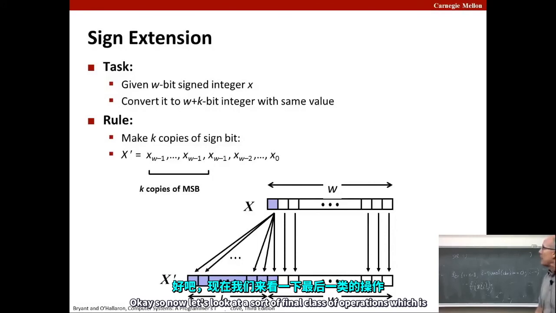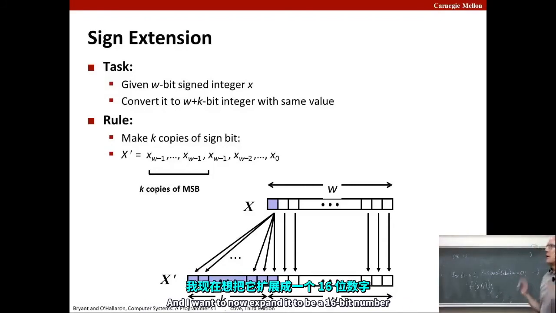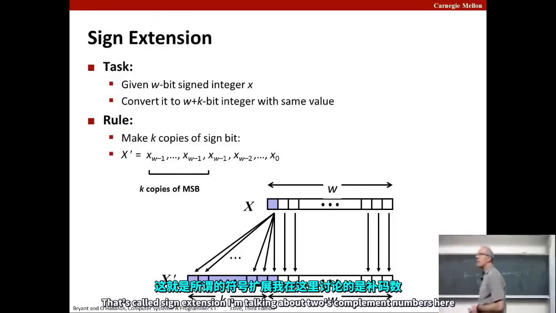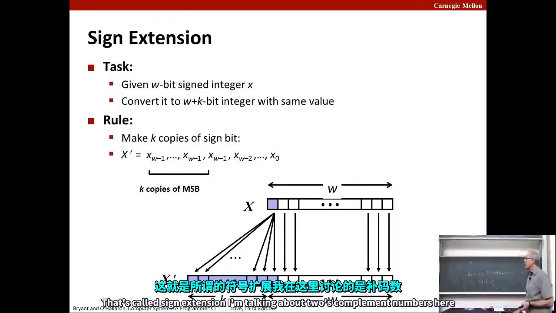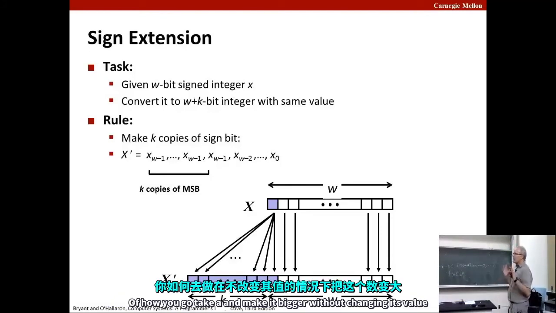Okay, so now let's look at a sort of final class of operations, which is, suppose I have a number that's so many bits, say 8 bits, and I want to now expand it to be a 16-bit number. There's a fairly cute rule for doing this that's called sign extension. I'm talking about 2's complement numbers here, of how you take a number and make it bigger without changing its value.